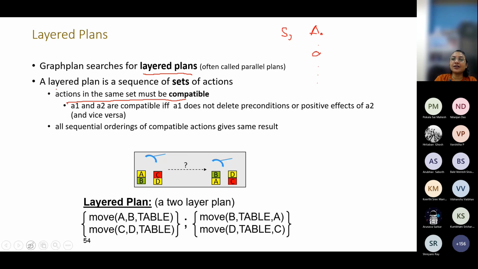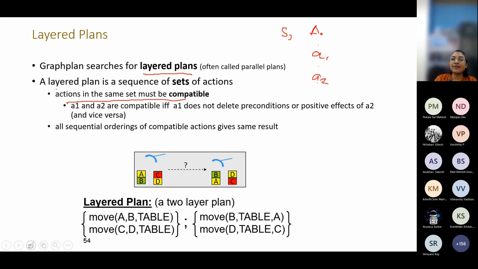Suppose A0 contains two actions, A1 and A2. These two actions may or may not be compatible. That is, it may not be possible to take both A1 and A2 at this level. Now, we have to find out whether A1 and A2 are compatible. A1 and A2 are compatible if and only if A1 does not delete the preconditions or the adds of A2 and vice versa.